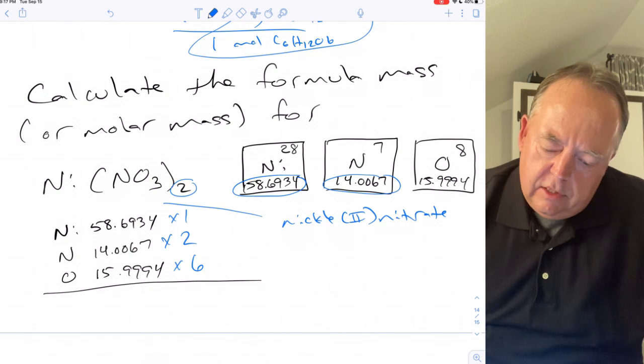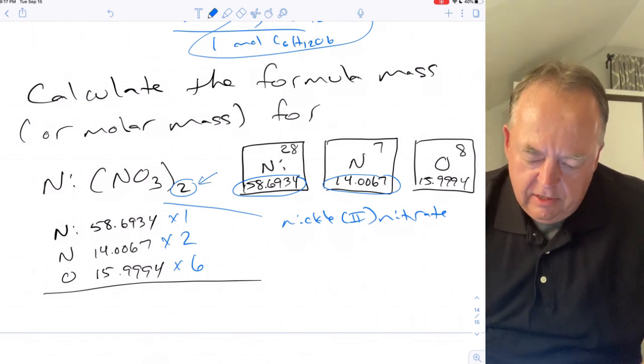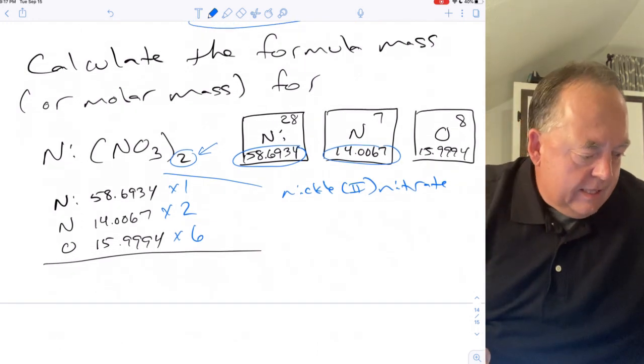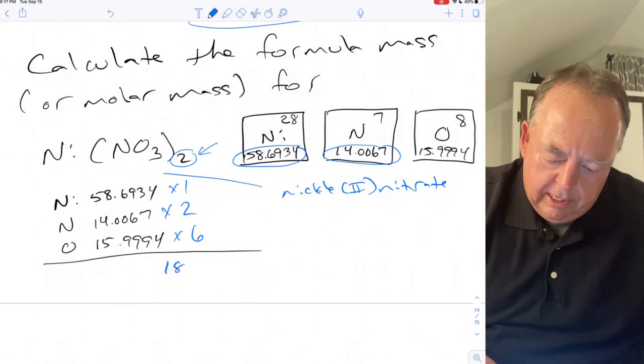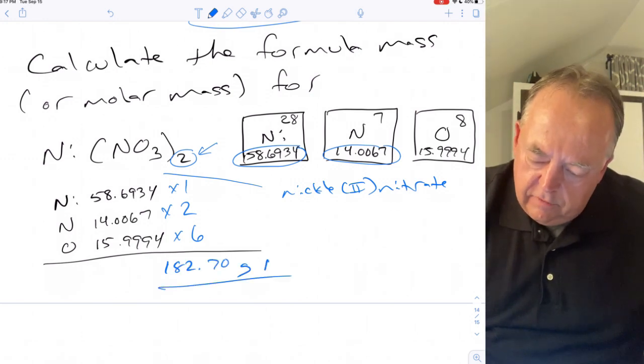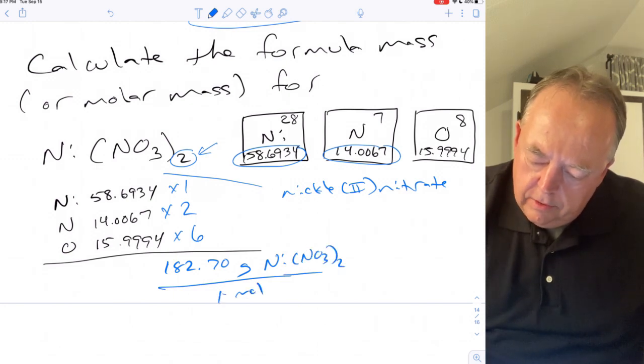So basically you take the subscripts and multiply them by each other, and that's how many of each of the different elements there are. So if you multiply those out and add them up, then you would get 182.70 grams of nickel(II) nitrate per 1 mole of nickel(II) nitrate.